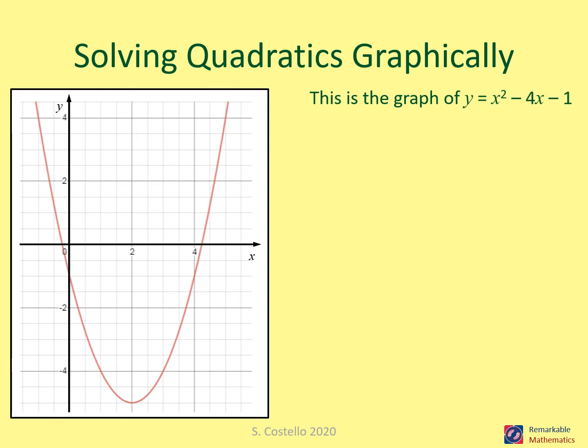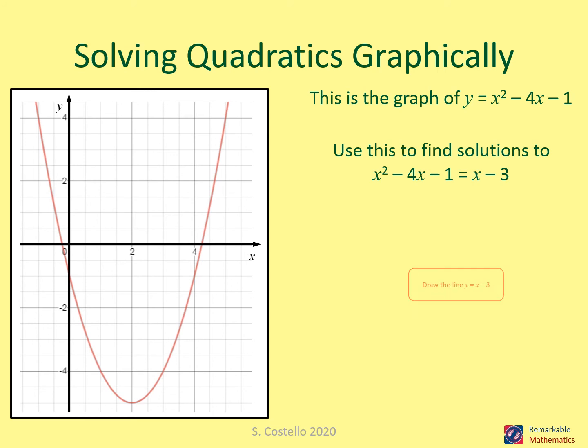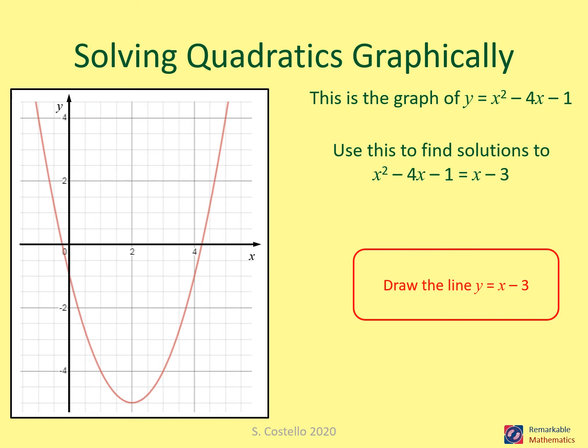This is a graph of y equals x squared minus 4x minus 1. Use this to find solutions to x squared minus 4x minus 1 equals x minus 3. To do this, we draw the line y equals x minus 3. What we have here basically are two graphs. One is the left side of the equation, which is x squared minus 4x minus 1.